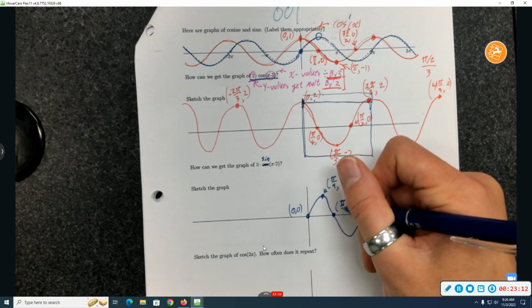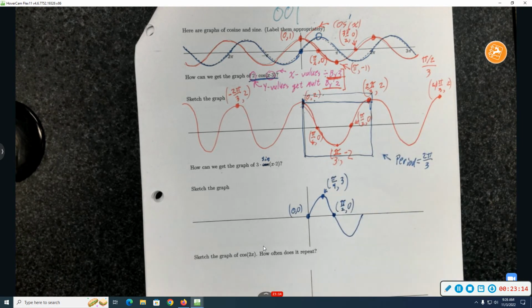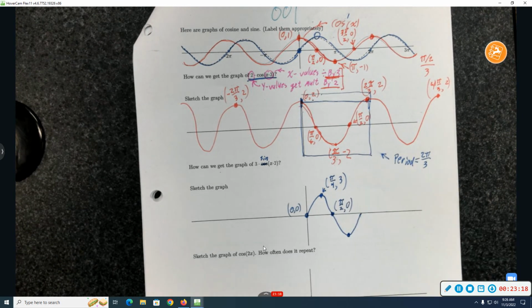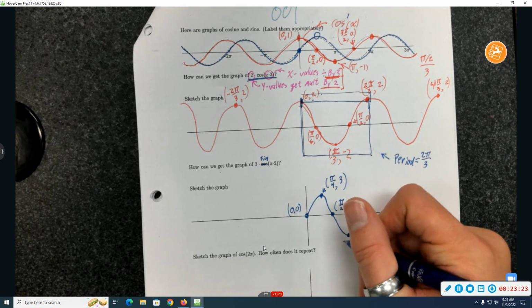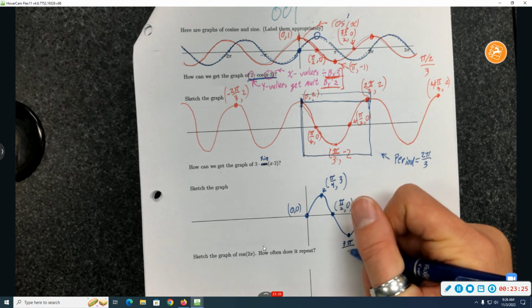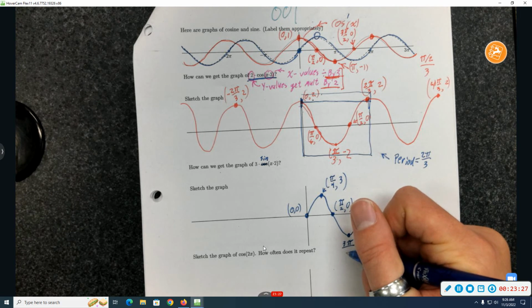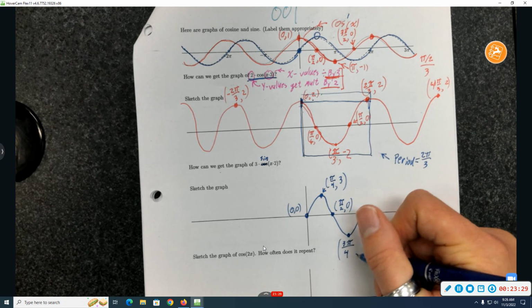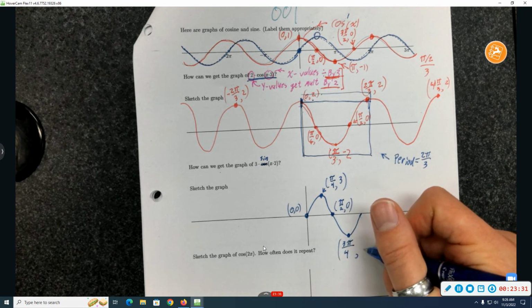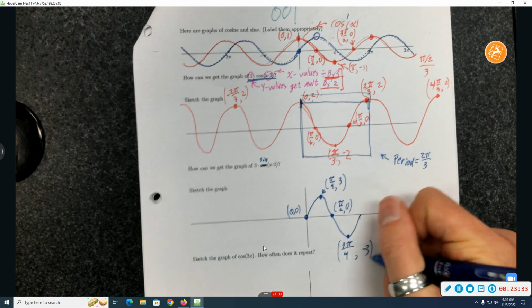I hear pi over 2, and I guess I already said x-intercept, so comma 0. This minimum, where does it occur? 3 pi over 4. Okay, cool. What y value? Negative 3. Awesome.